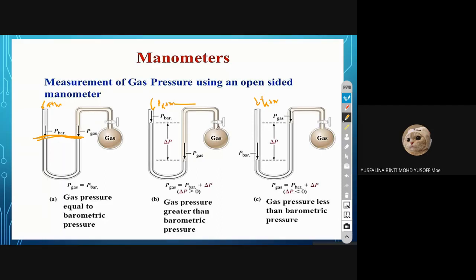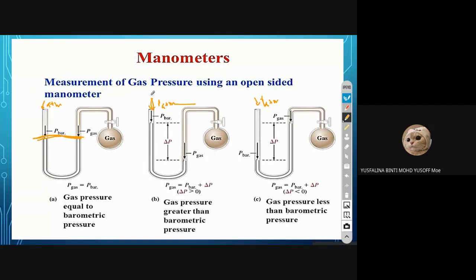For this one, you can see the gas pressure is bigger than the atmospheric pressure. Why? Because for the balloon before this, when you press, the pressure is high. When the pressure is higher, we push the mercury and this side will go up. So this pressure is higher than atmospheric pressure, because it can push the mercury up.